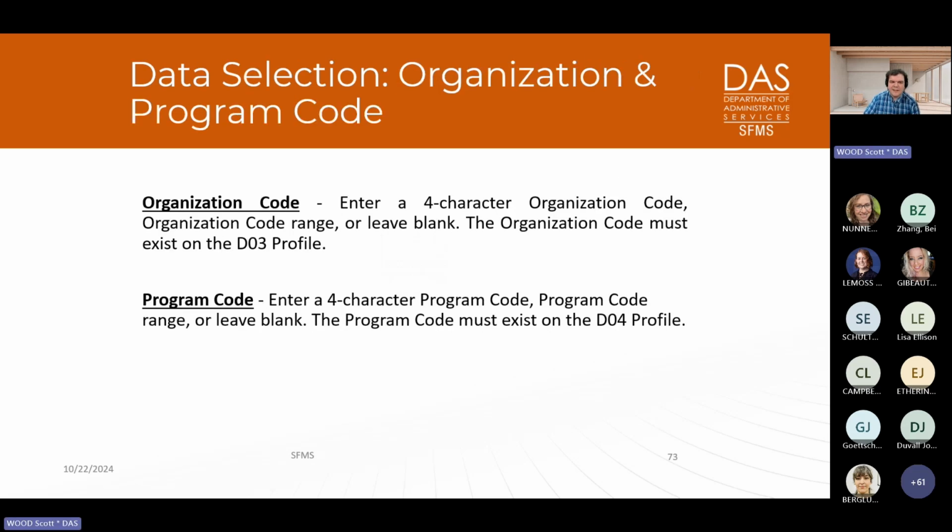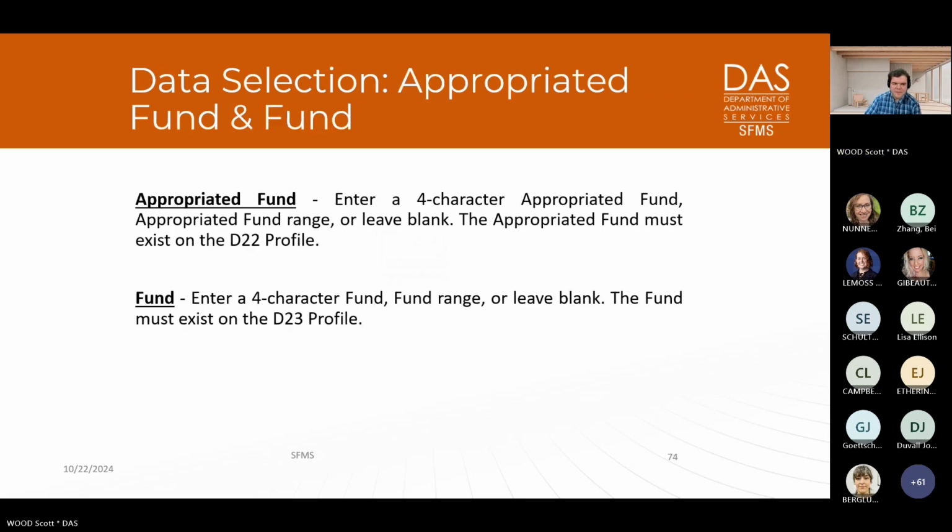For organization, enter a 4-character organization code, or leave blank. The code must be on the D03 profile. For program code, enter a 4-character program code, or leave it blank. It must be on the D04. For appropriate fund, enter a 4-character appropriate fund, or leave blank. It must be on the D22.